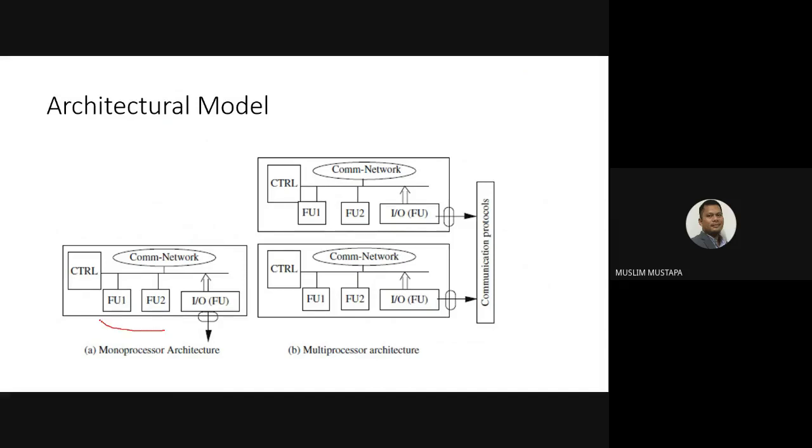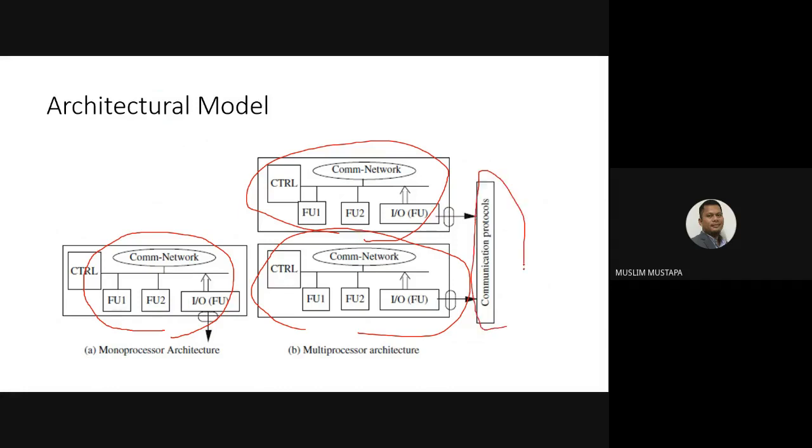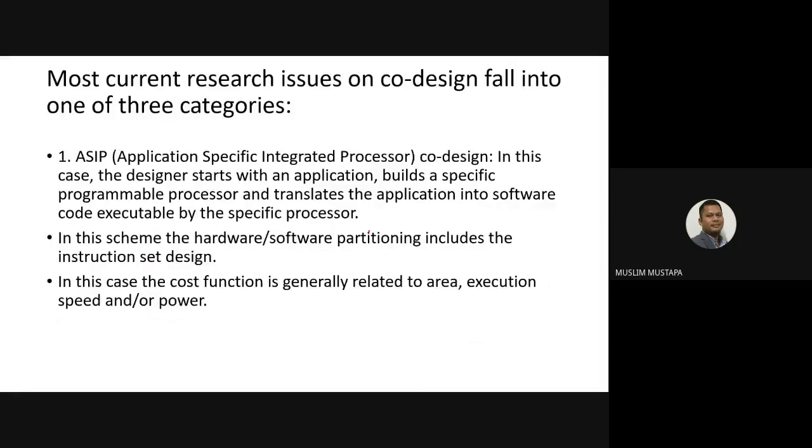This is a mono processor, so you just have one processor communicating with all the modules, and here you have multiple processors. Multiple processors can talk to each other, but you need a bus, and when you have a bus, you need communication protocols that let you talk with both of the processors.